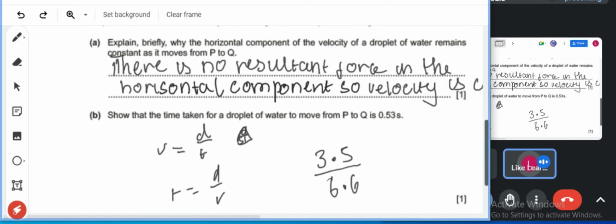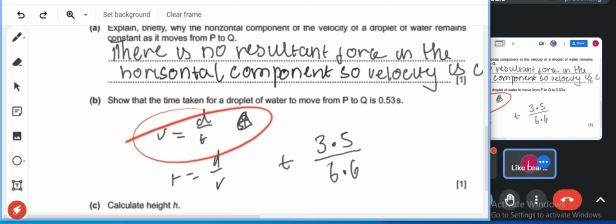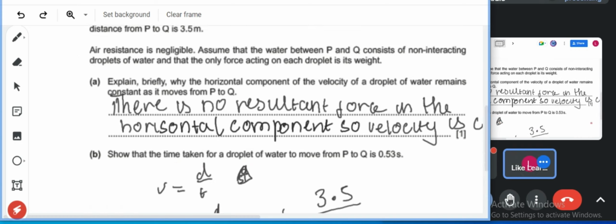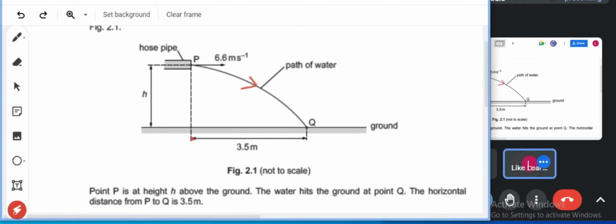Why are you doing that? Tell me why you did this. Speed is equal to distance over time. When do we use this formula like this? When speed is constant. Yes, and the horizontal component of the speed is constant, so you can afford to use it with 6.6 and the distance. That horizontal speed is constant all through.